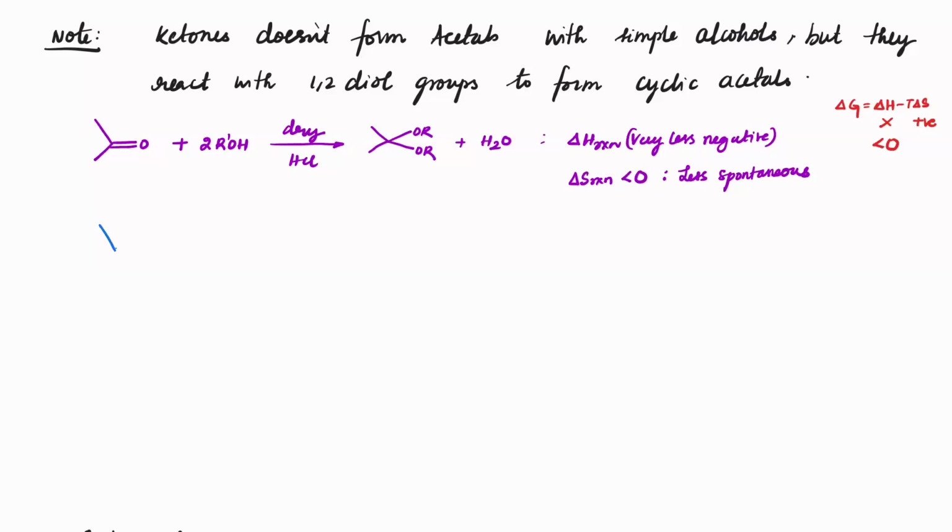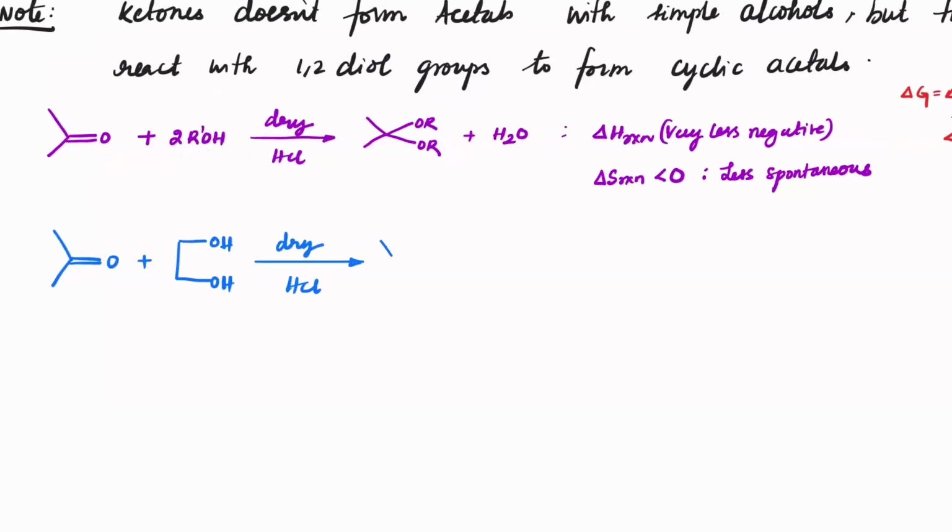Suppose you have the same keto form. Instead of taking 2 moles of alcohol, now I take 1 mole of alcohol which is connected in a vicinal form here, and react this with dry HCl. On doing so, what would I get here?